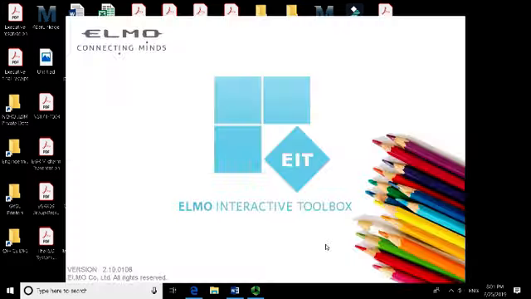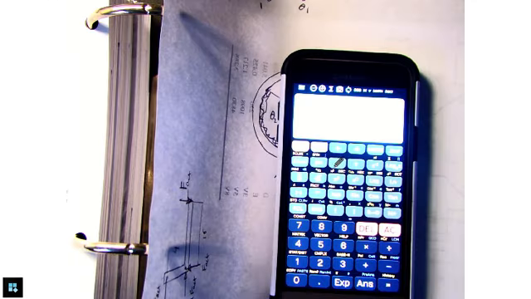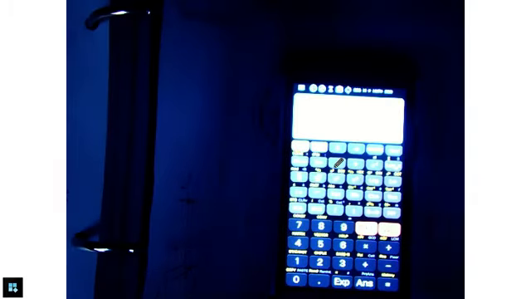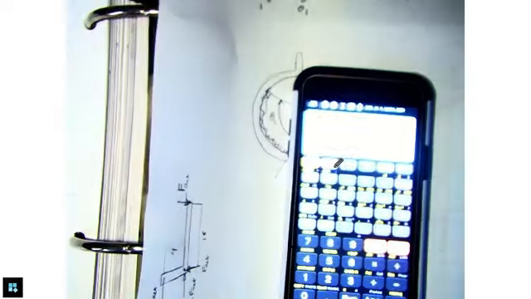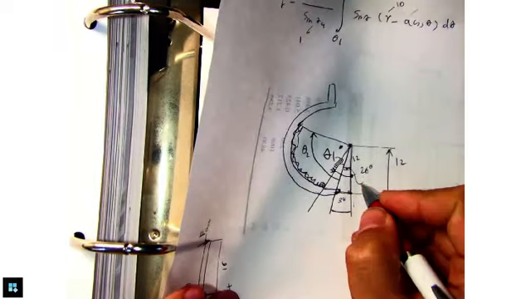All right. So you guys are not able to see the screen of my calculator, but the angle is 14. So I found 14. This angle is 14.